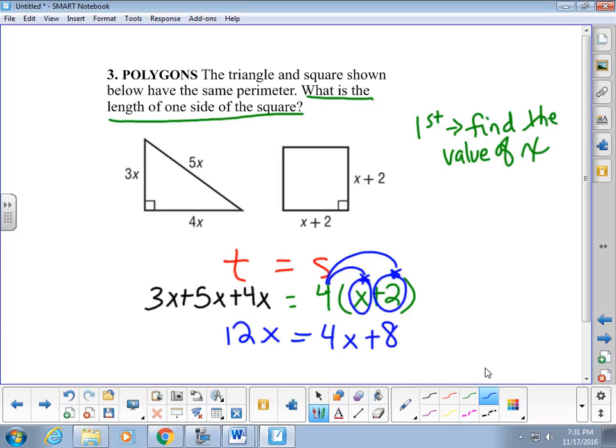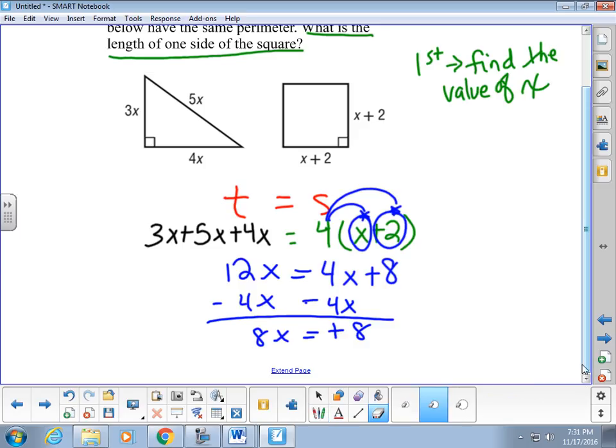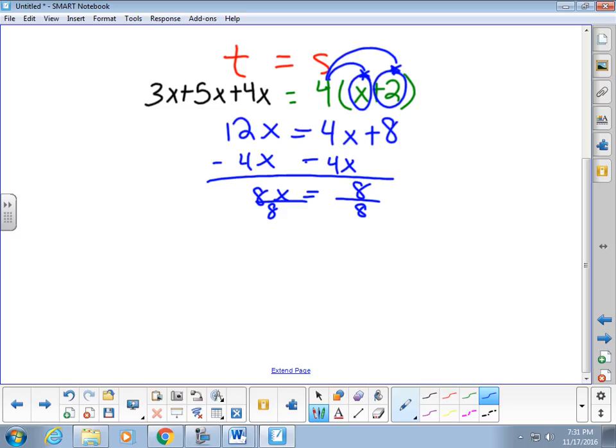I'm working back towards the left, so I'm going to subtract 4x from each side. 12 minus 4 is 8x equals plus 8, or just 8. You don't have to put the plus. Then 8x equals 8. I'm going to divide each side by 8. And this leaves me with x equals 1.